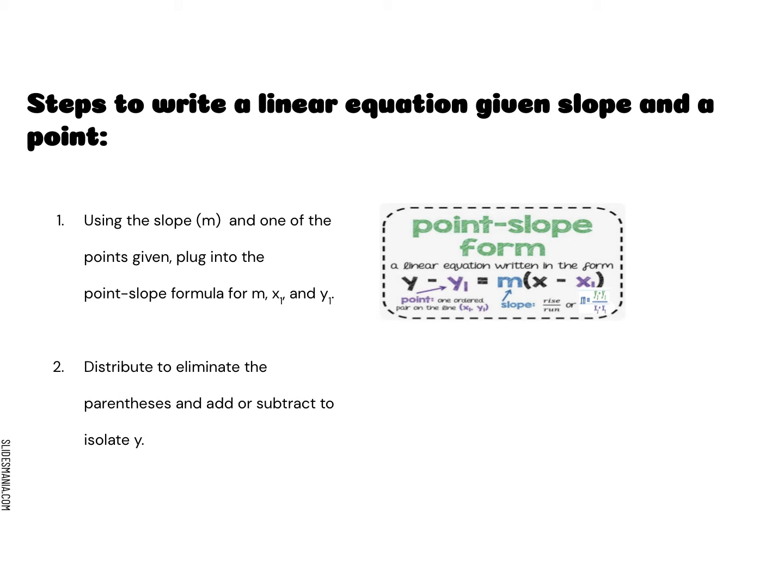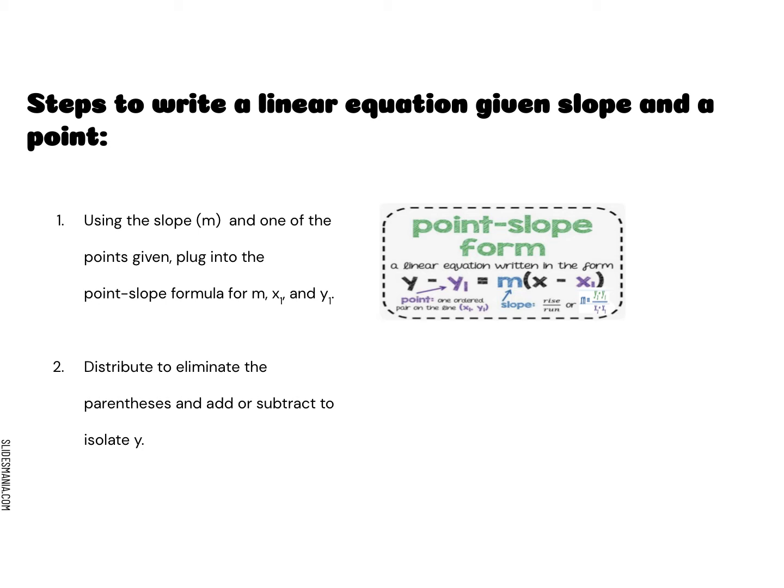On some occasions, you may be given slope and a point. And in this case, you'll need to use what's called point-slope form. The first thing we would do is use the slope and one of the points, and plug into point-slope form for m, x1, and y1.